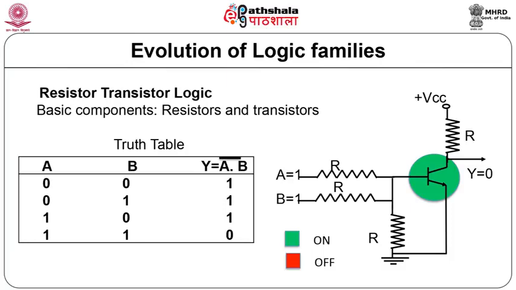But when both are 1 1, that is A equal to 1 and B equal to 1, in that case the transistor will be on and output is logic 0.